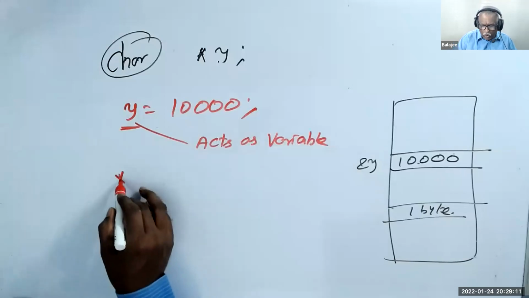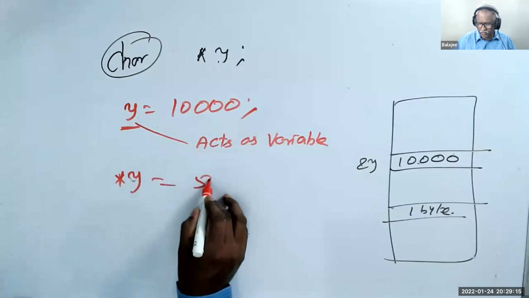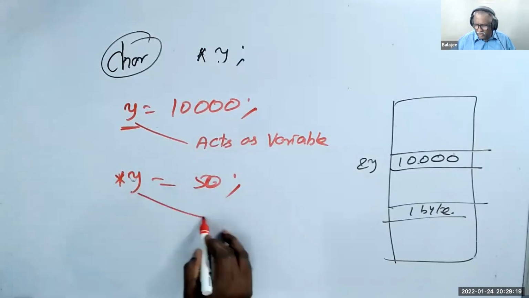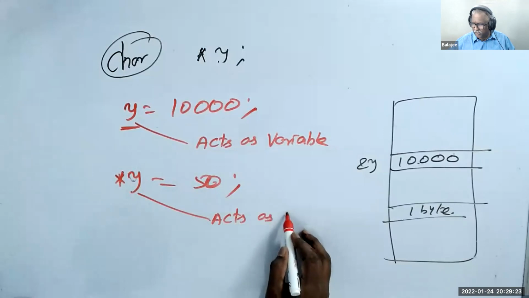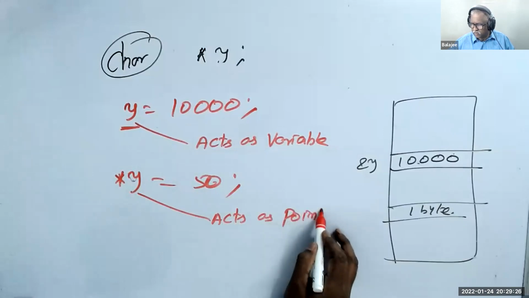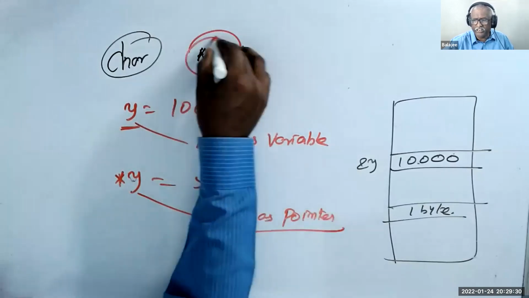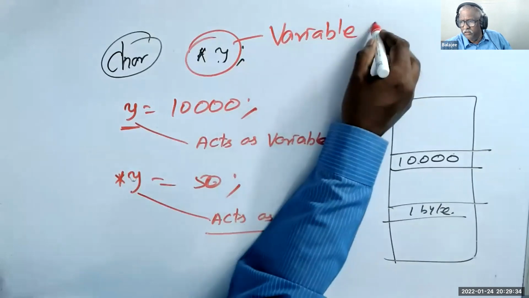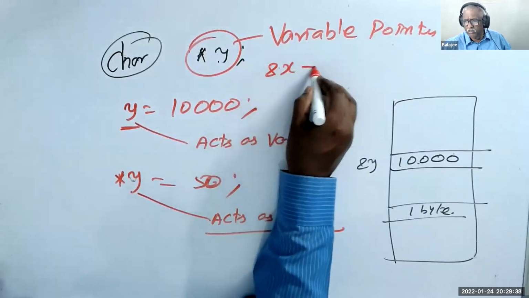When you put star y is equal to 50, this time y acts as a pointer. That's why star y is called a variable pointer, and x is called a fixed pointer.